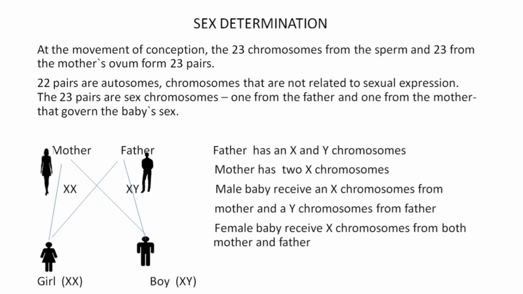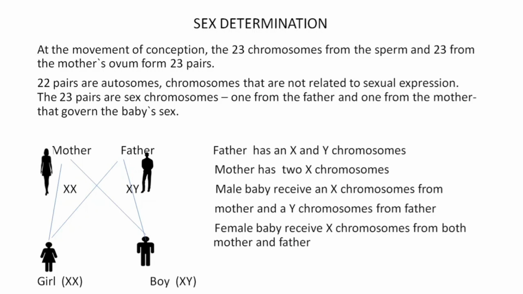The 23rd pair are sex chromosomes, one from the father and one from the mother, that govern the baby's sex. Sex chromosomes are either X chromosome or Y chromosome. The sex chromosome of every ovum is an X chromosome, but the sperm may contain either an X or Y chromosome. The Y chromosome contains the gene for maleness called SRY gene.